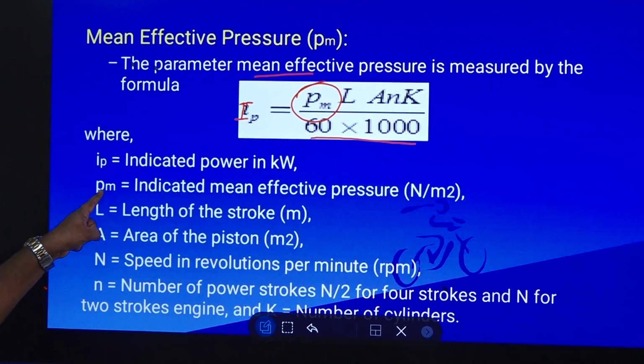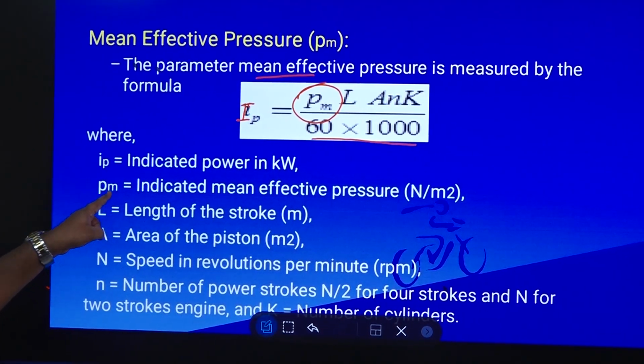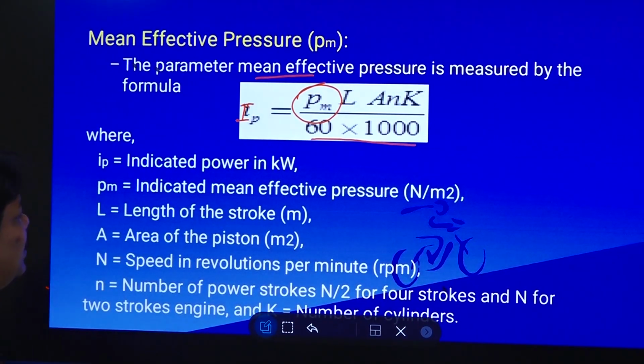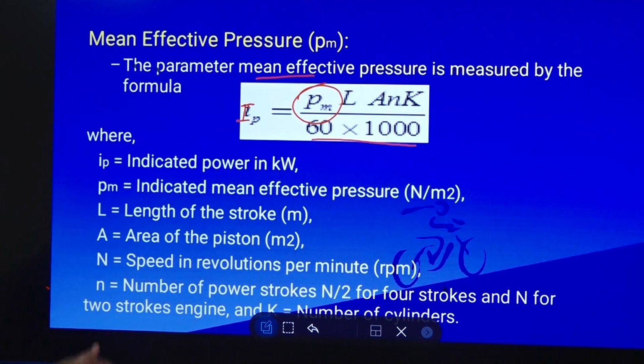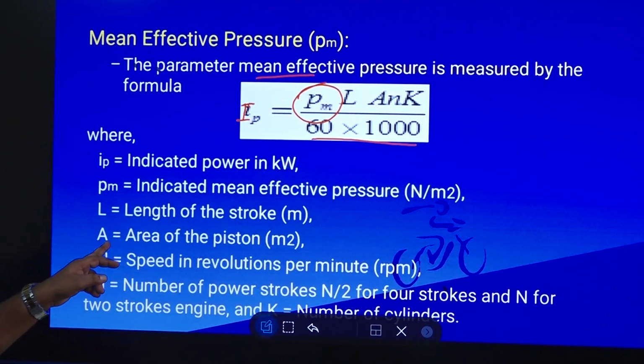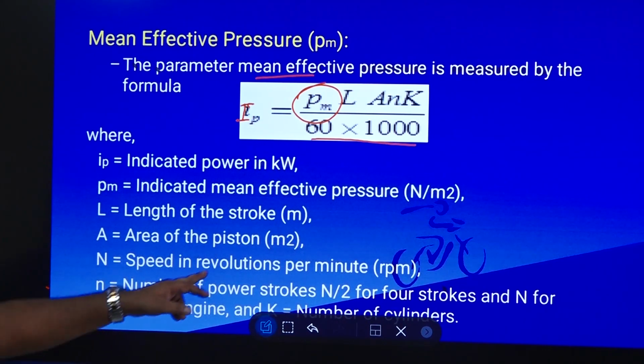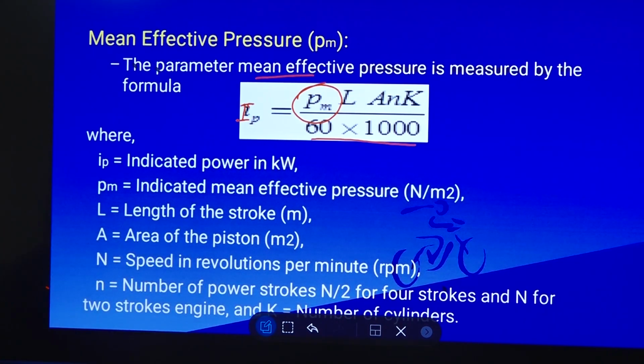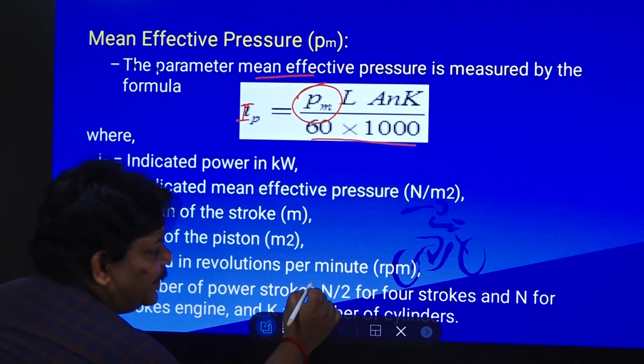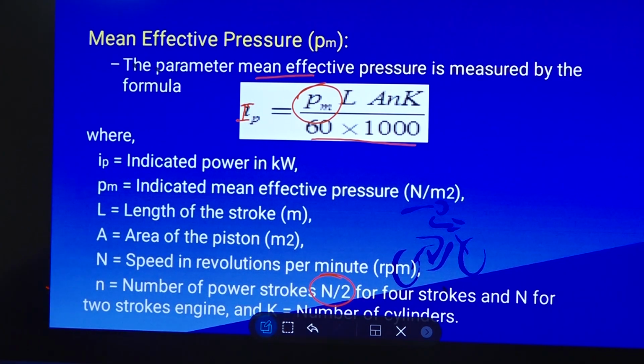Pm refers to the mean effective pressure in Newton per meter square, or otherwise you can give it in bar. L is the length of the stroke in meter, A is the area of the piston in meter square, N is the speed in revolutions per minute, and small n indicates the number of power strokes, so N by 2 for 4 stroke and N for 2 stroke engines.